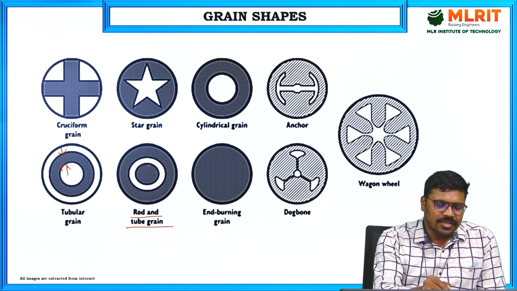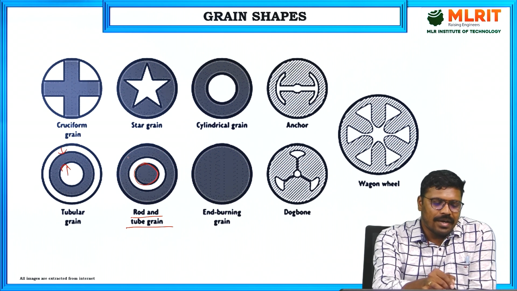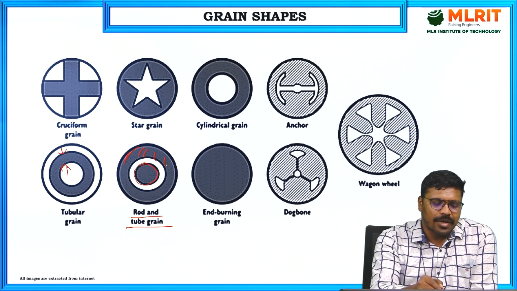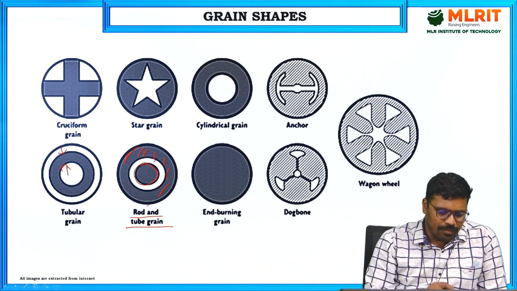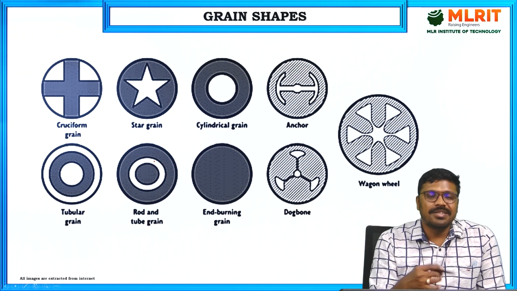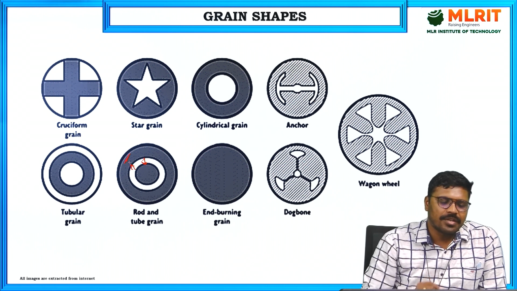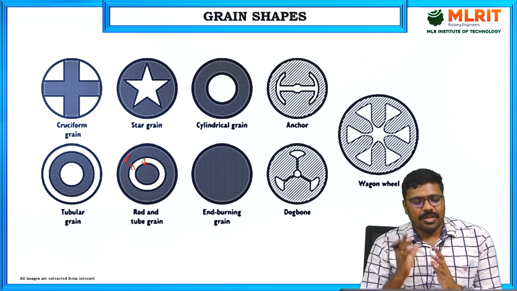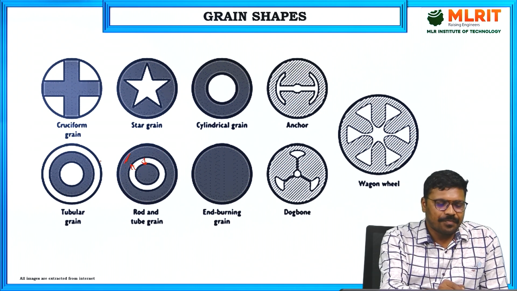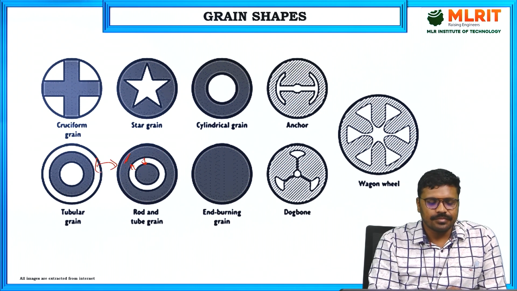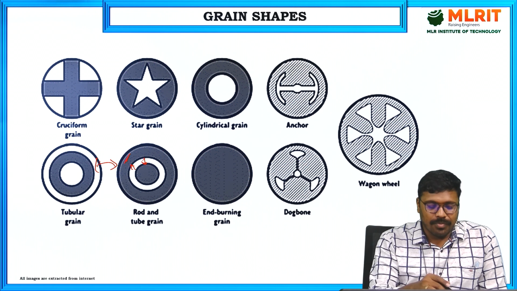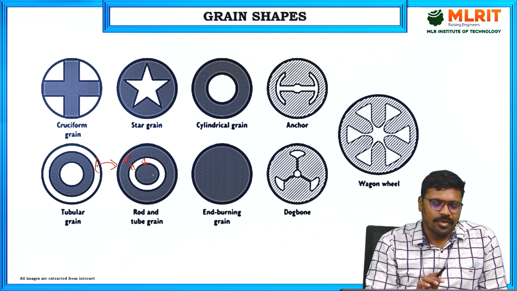Some of the grain is placed inside, there is a small gap, and again we have propellant grain. So more propellant burns at a time. Here this propellant burns from the outer surface, and at the same time this propellant burns from the inner surface. So at a time, both are in opposite. To produce large thrust we can go like this.